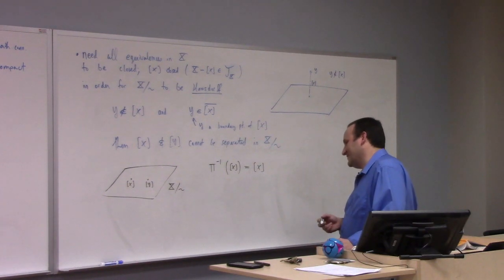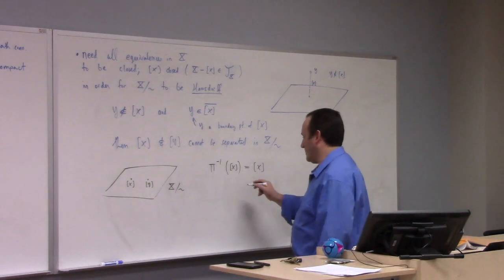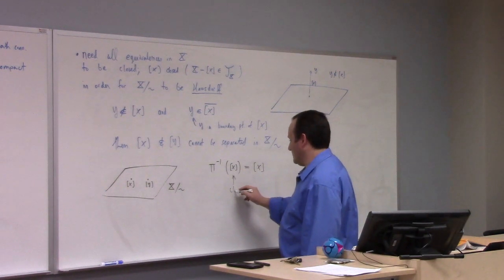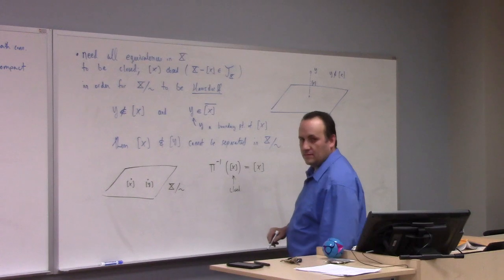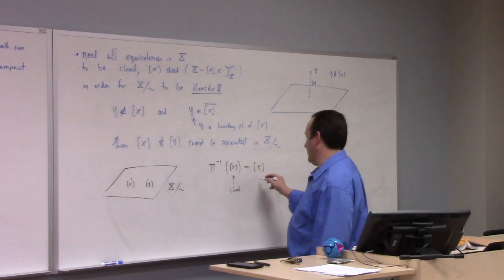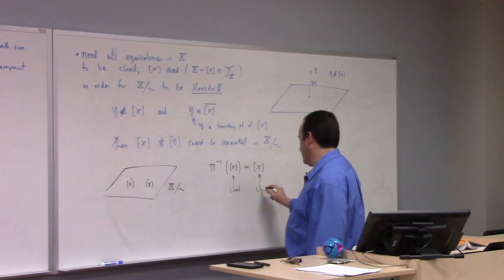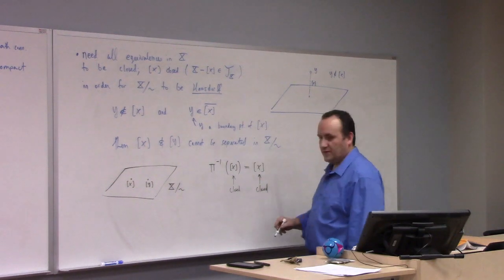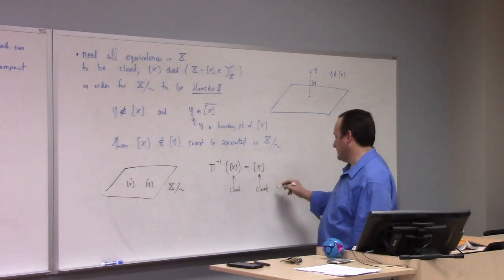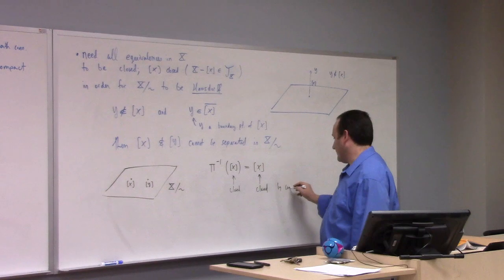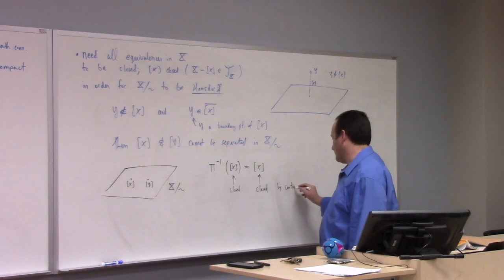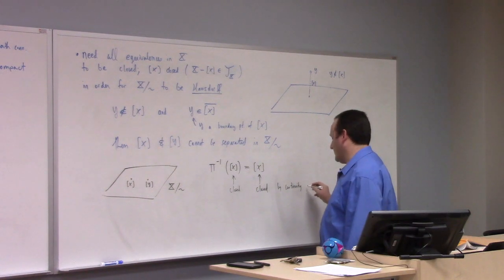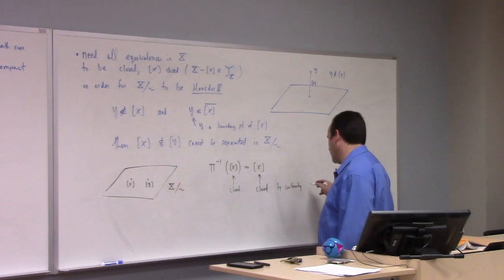Yes. If we assume that the quotient space is Hausdorff, then this is closed, because we're assuming that it's Hausdorff. Then that says that this is closed because pi is continuous. In continuous maps, the inverse image of a closed set is closed.